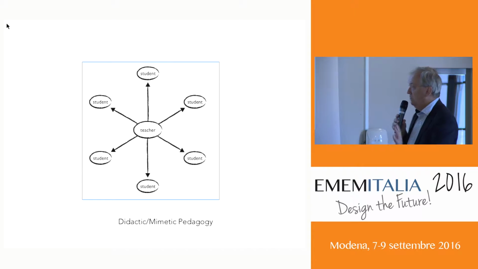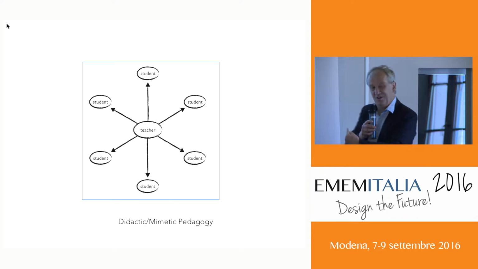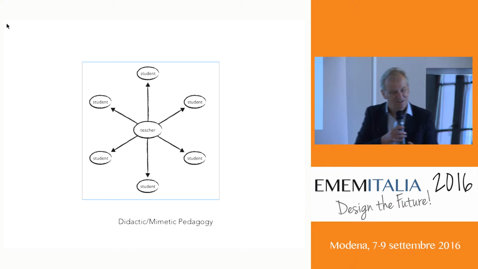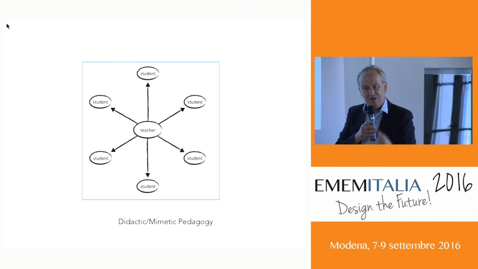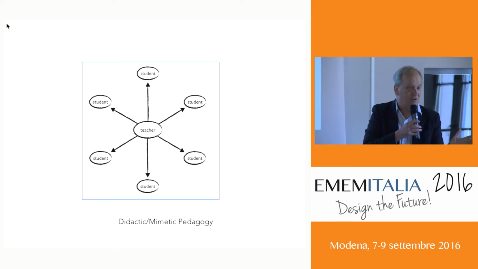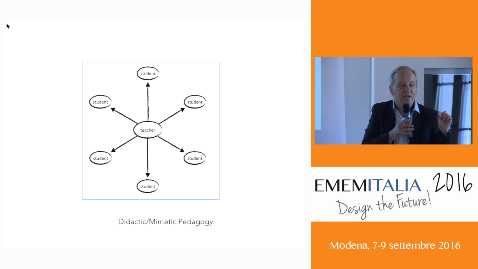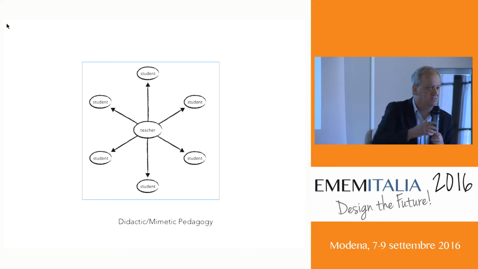So anyhow, here's the model, and the word we're going to use down the bottom here, and this doesn't work in European languages, it only works in English, right, is didactic mimetic pedagogy. Now, didactics in European languages is a generic word for pedagogy. But in English, didactic has a slightly negative connotation. Didactic is somebody who's telling you things like this.